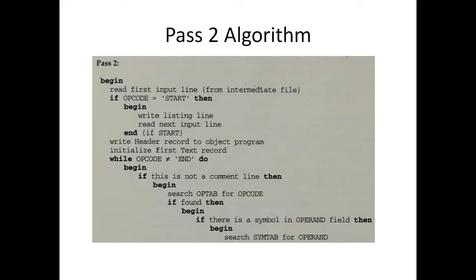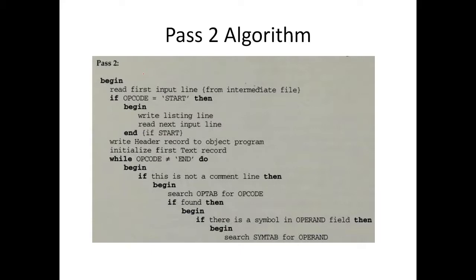It also generates the data values for byte, word, and reserve byte, which are assembler directives. Remember, in pass one these assembler directives will not be converted into object code. In pass two they will be generated into object code, and it will also process the assembler directives which are not done during pass one.